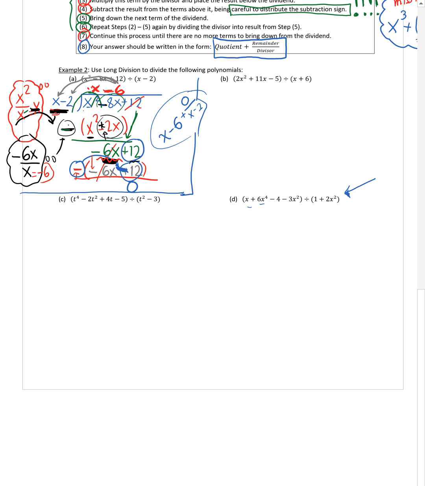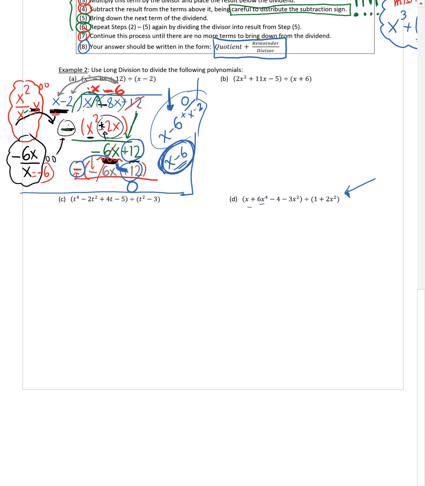But a lot of times on these, if you have a 0 remainder, usually they'll just write the quotient, because there is no remainder, so you really went in evenly. If the remainder is something significant, something other than 0, that's when you actually have to worry about it. But in this one, there was no remainder, so I just say it goes in x minus 6 times. That's it.